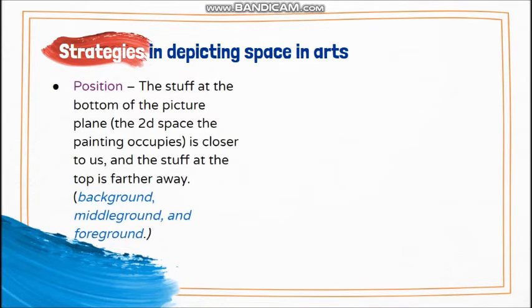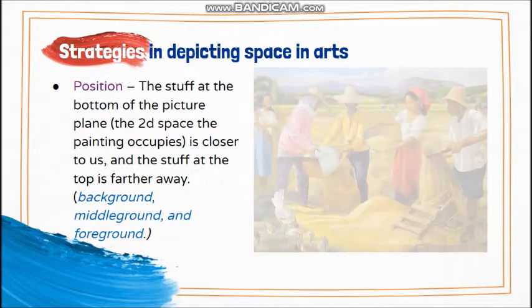So there are different strategies that we can do in depicting space in arts or to identify the space in arts. First is position. The stuff at the bottom of the picture plane or the 2D space the painting occupies is closer to us, and the stuff at the top is farther away.